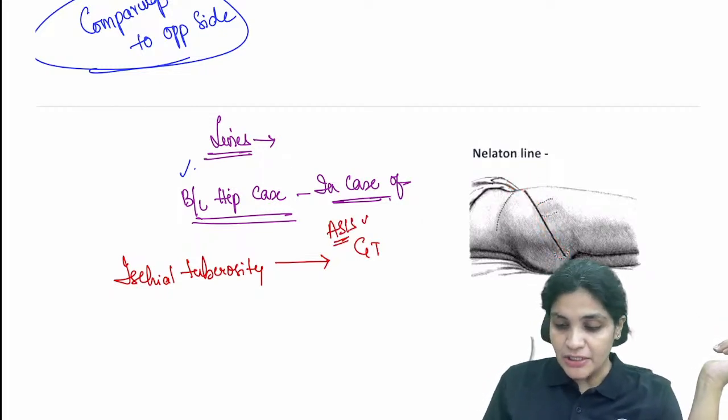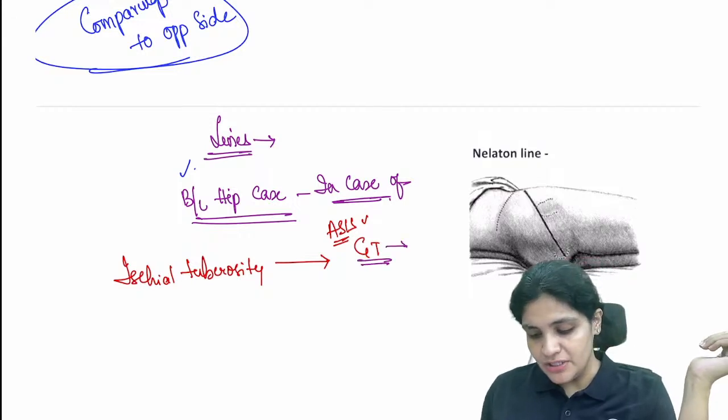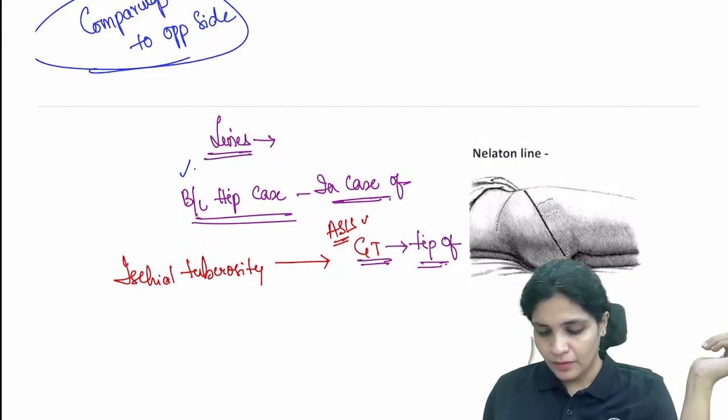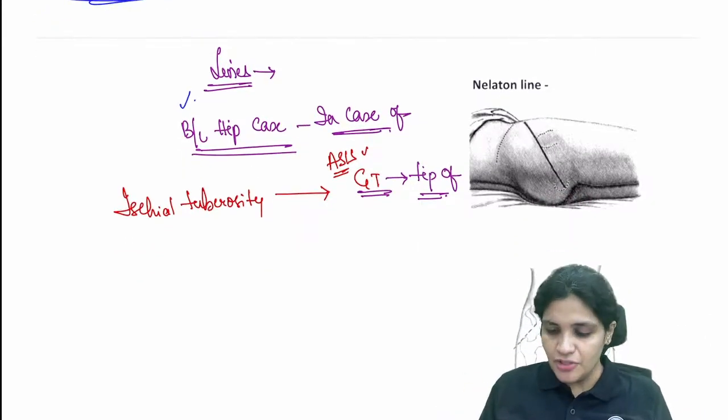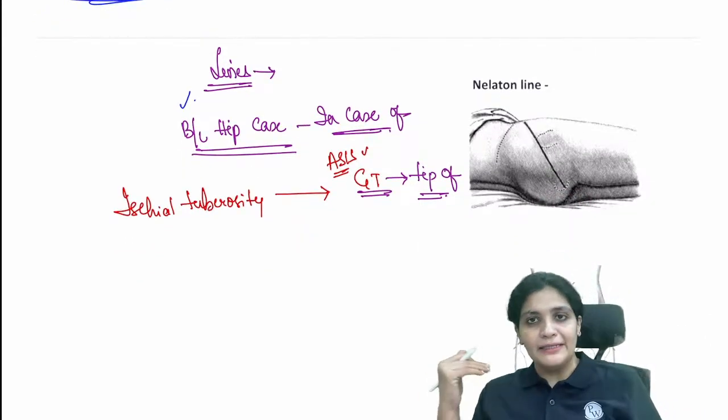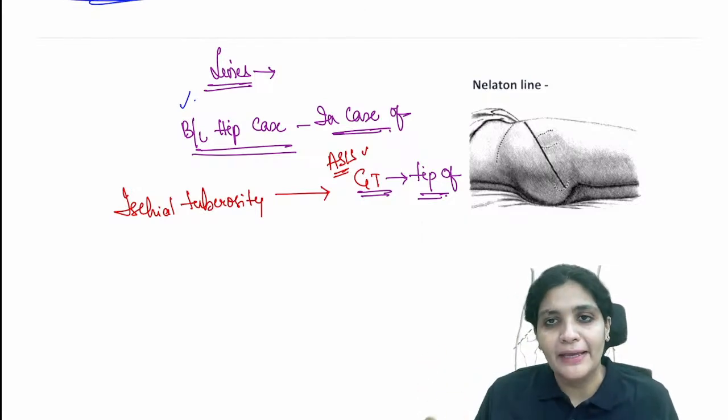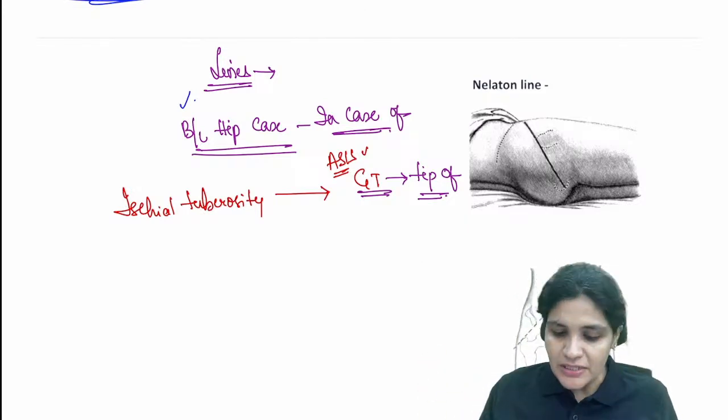Then it will touch the tip of the GT. This Nelaton's line will pass through the tip of the GT, which is normal. If it is not passing, then it is called proximal migration of the GT. So this is for bilateral hip cases.